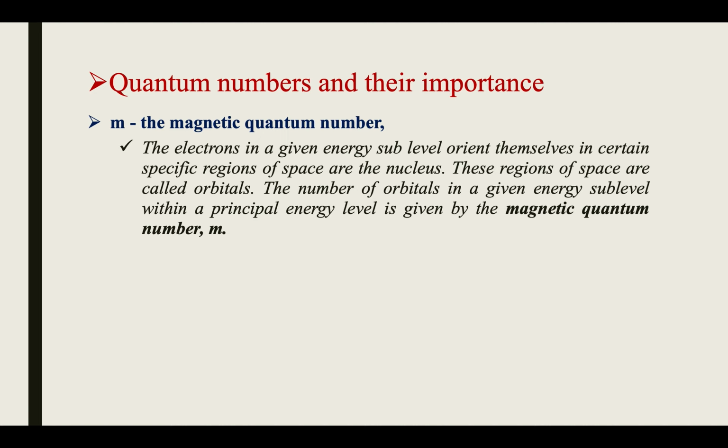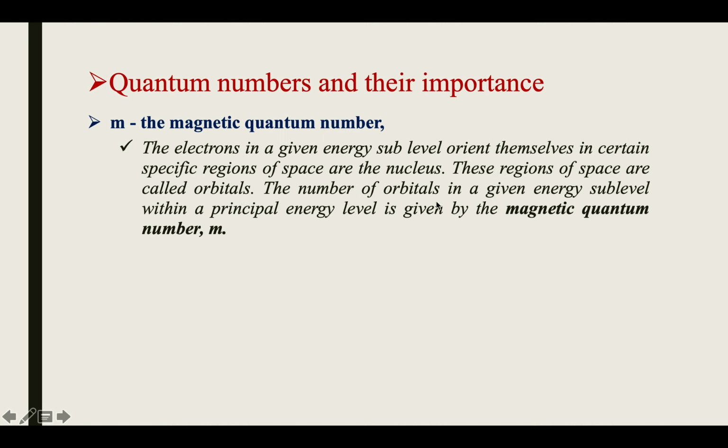This field can interact with an external magnetic or electric field. As a result, the electrons in a given energy sublevel orient themselves in certain specific regions of space around the nucleus. These regions of space are called orbitals.